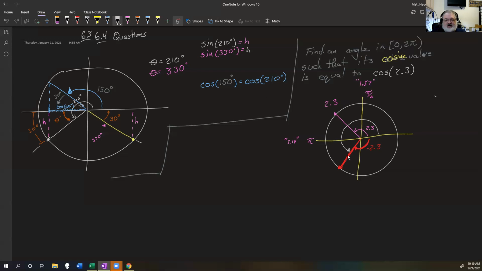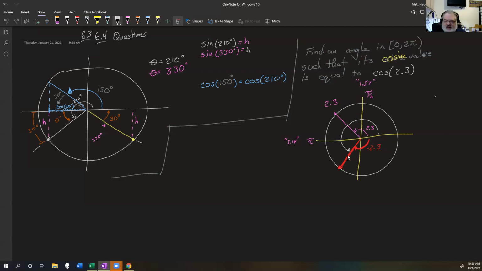How do you want to find that angle? Most of you guys: subtract 4.6 from 2 pi, or add the 2.3s.